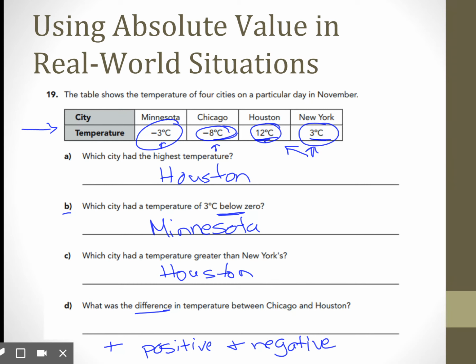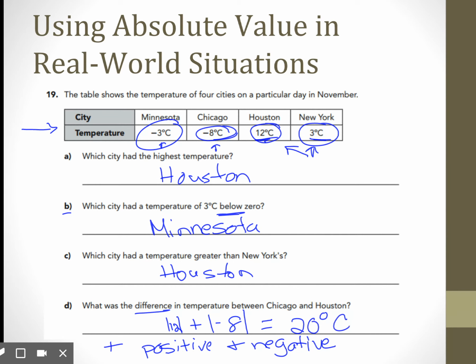But again, I'm going to put the absolute value of 12, which was Houston, plus the absolute value of -8, which was Chicago, and add those together, and I will get 20 degrees Celsius.